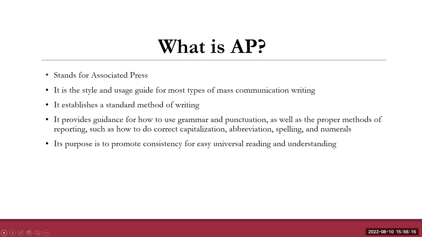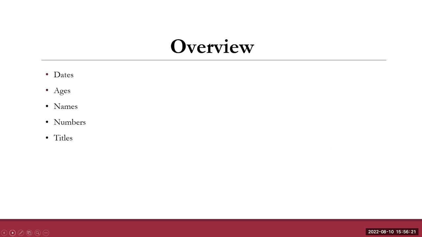And the purpose of it is to promote consistency for universal reading and understanding. In this workshop, we will discuss the proper AP formatting for dates, ages, names, numbers, and titles.